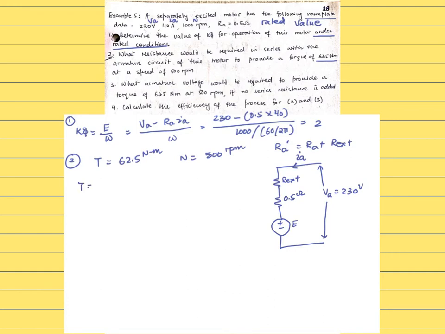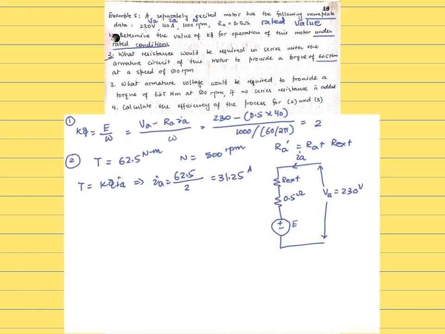So we're going to use T equals K phi IA. Now IA is 62.5 divided by K phi, which was calculated as 2, which is okay because we're not changing the field side. So IA is done.